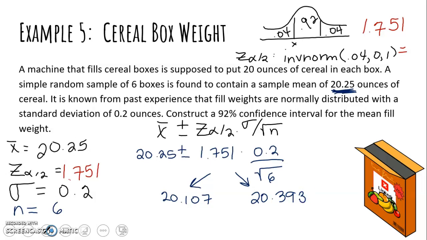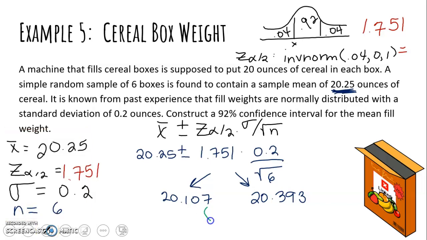Now, when we finish this, we have to write our answer in the correct format, and we also need to write our answer in a sentence. So first, there's a couple ways that you can write a confidence interval.